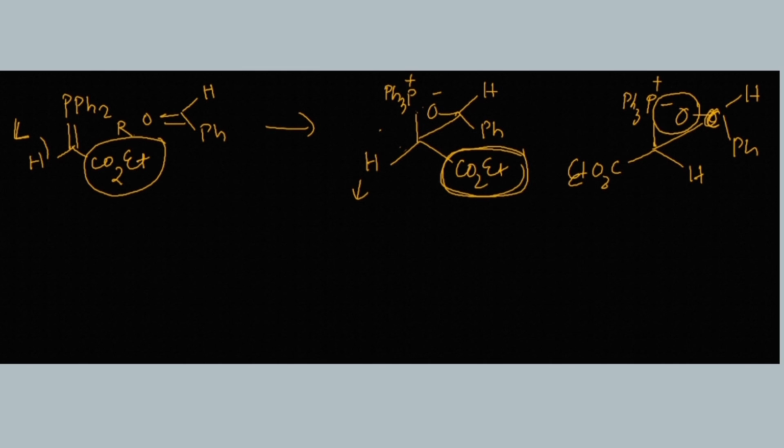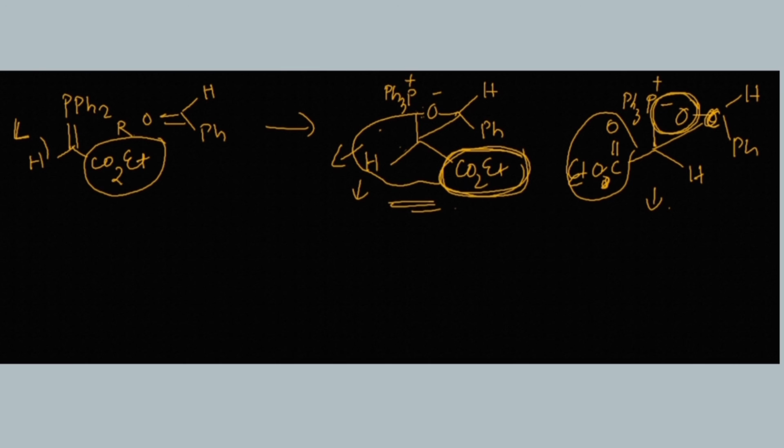This O minus is electronegative in nature, and this ester also has two oxygens, so there will be very much repulsion between this group and this oxygen. So this structure is more stable. So CO2Et will be on the right side, or we can say that the space must be large enough so that the repulsion will not take place.